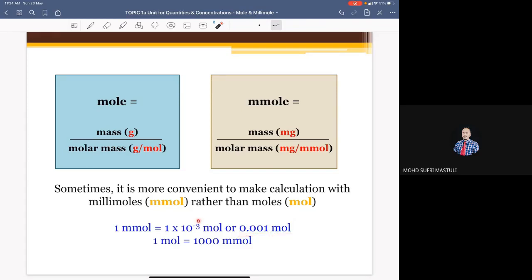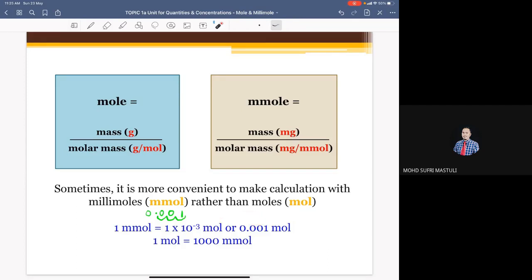Because of the power of minus 3, you have to move the decimal point backward: 1, 2, 3. So you obtain 0.001 mole.